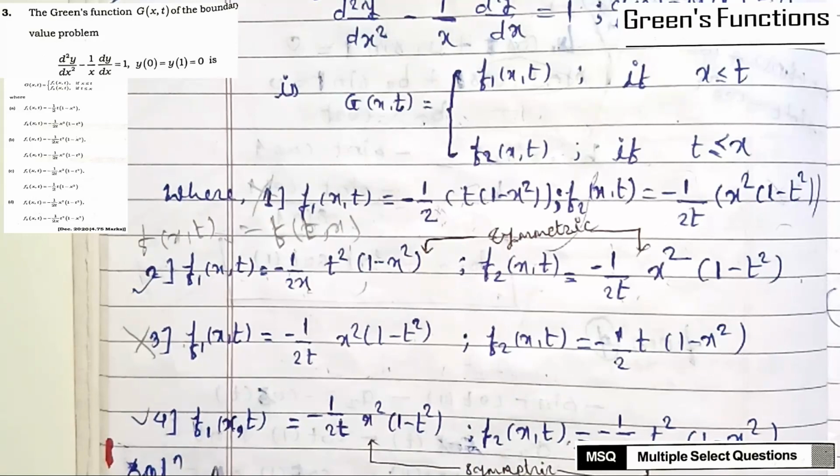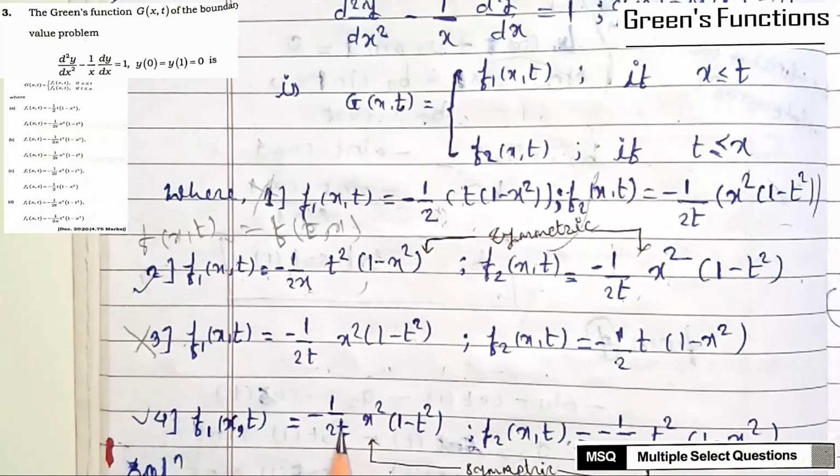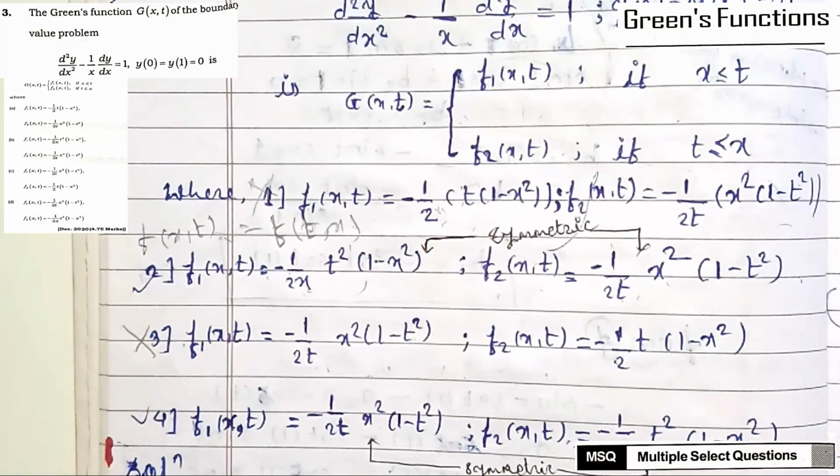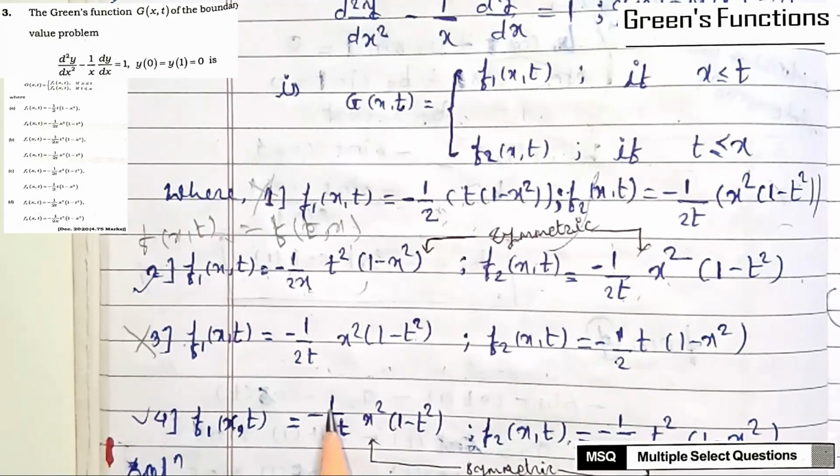Now let's move to option number four. The fourth option says that f1 of xt is equal to minus 1 upon 2t, x square into 1 minus t square, and f2 of xt is minus 1 upon 2x, t square into 1 minus x square. So we can see that symmetricity also holds here in option four.